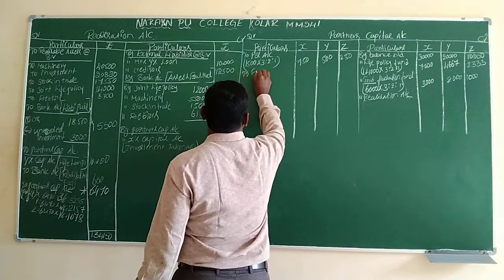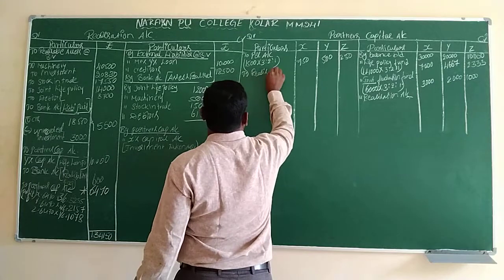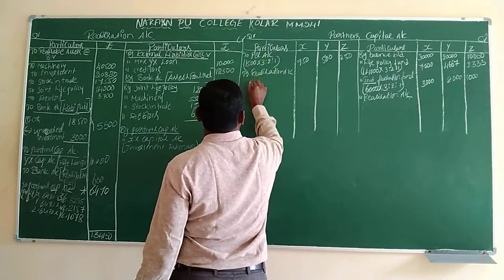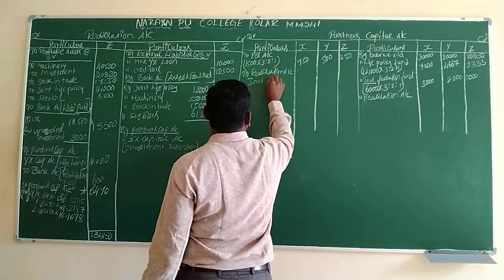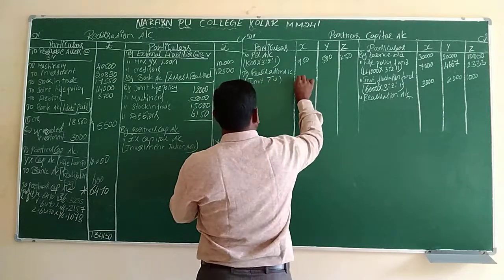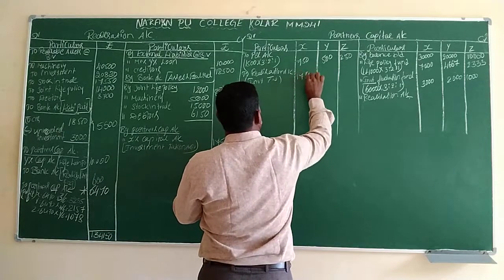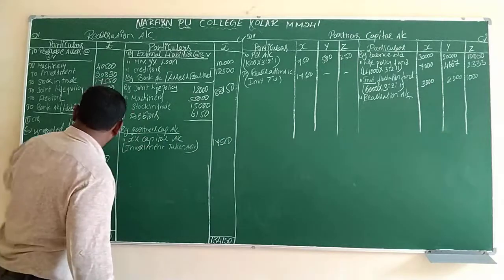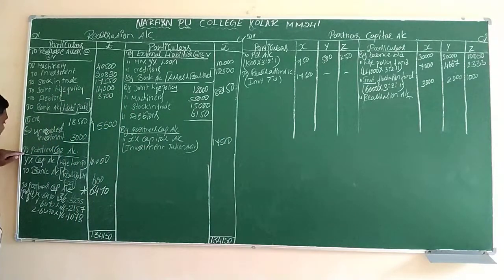To realization account, investment taken over, X has taken over the investment 17,500. Step number 5. Step number 6, again somewhere we have to write to partners capital account.